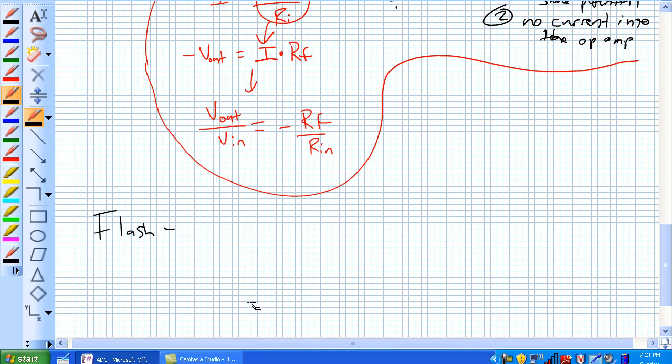So now, making use of a bunch of these types of voltage comparators, we can create an analog to digital converter. And the advantage of Flash is it's basically the fastest and the simplest means of doing it.